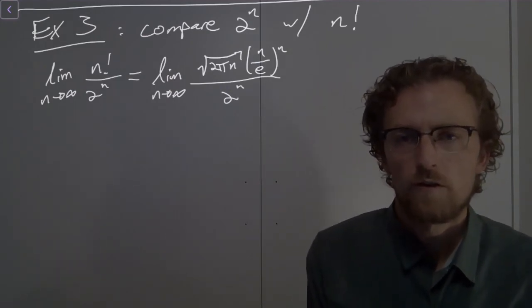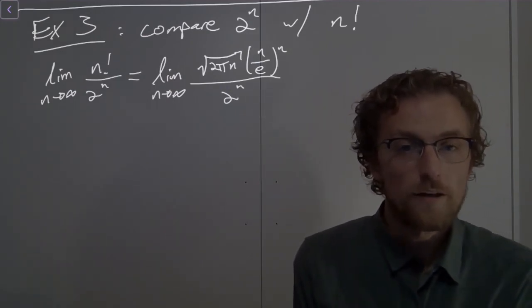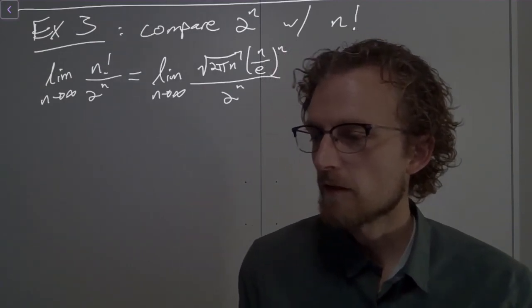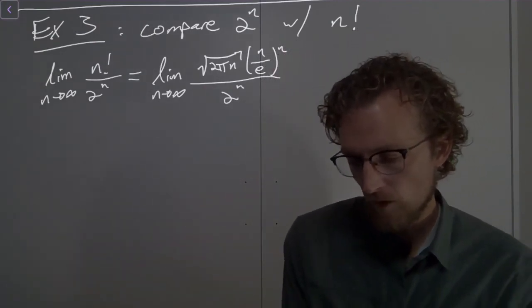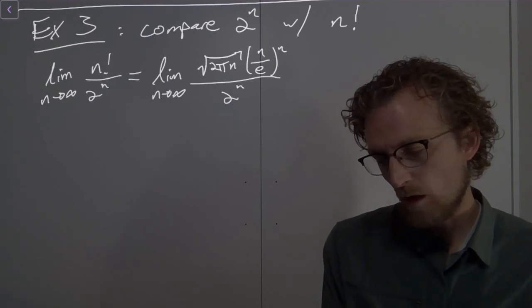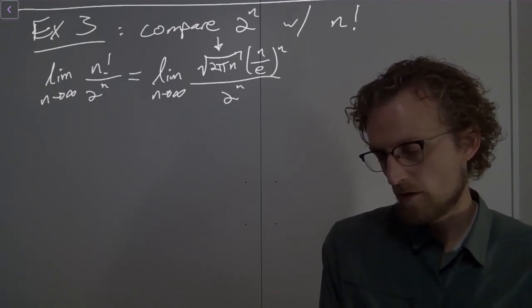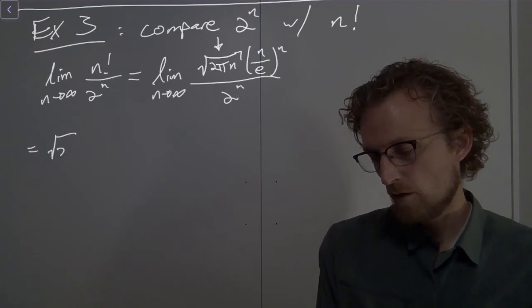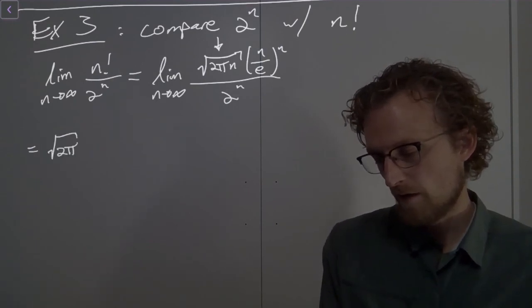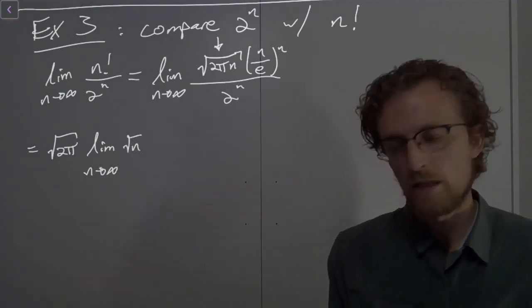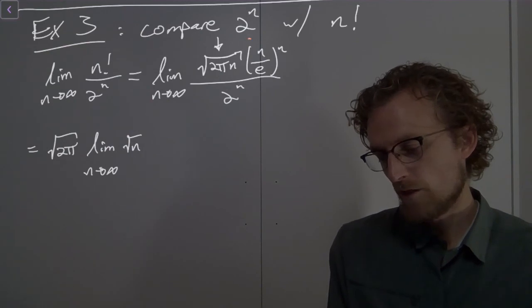Okay, so let's get rid of some constants, shall we? Just to make this handy. So I will pull this constant out. So let's make this square root of 2 pi times the limit as n approaches infinity. Now I've still got that square root of n left in there, and then all of this junk.